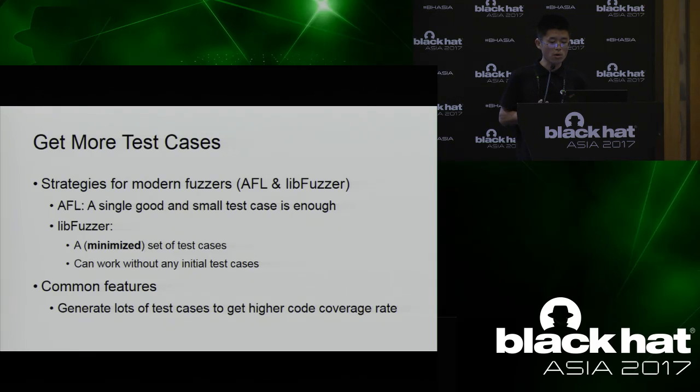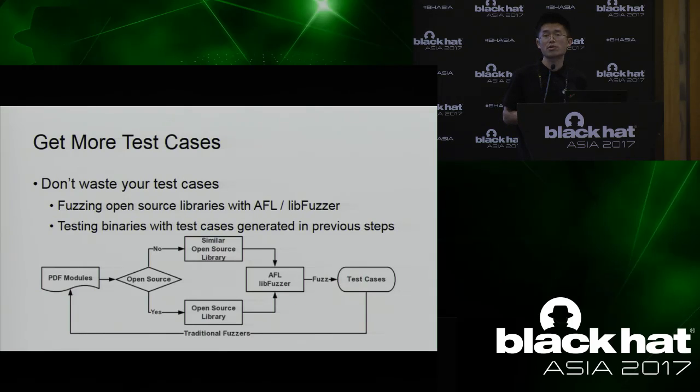The thing I want to point out here is that these two fuzzers will generate lots of test cases during the fuzzing process. So why not reuse the test cases that were generated by the two fuzzers?